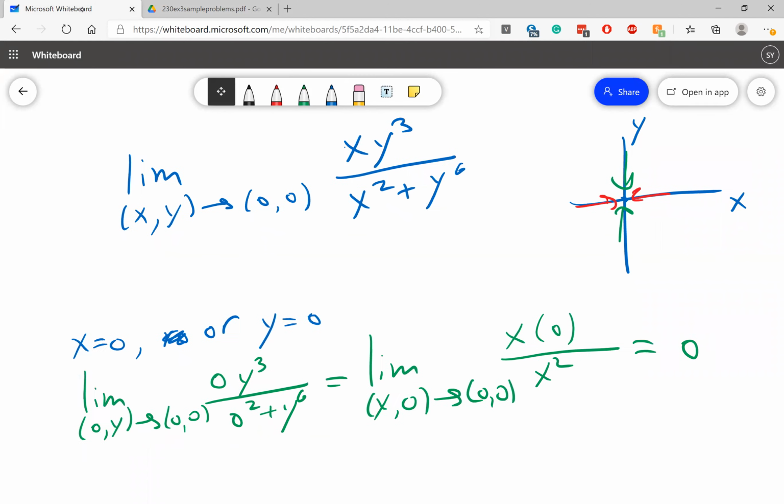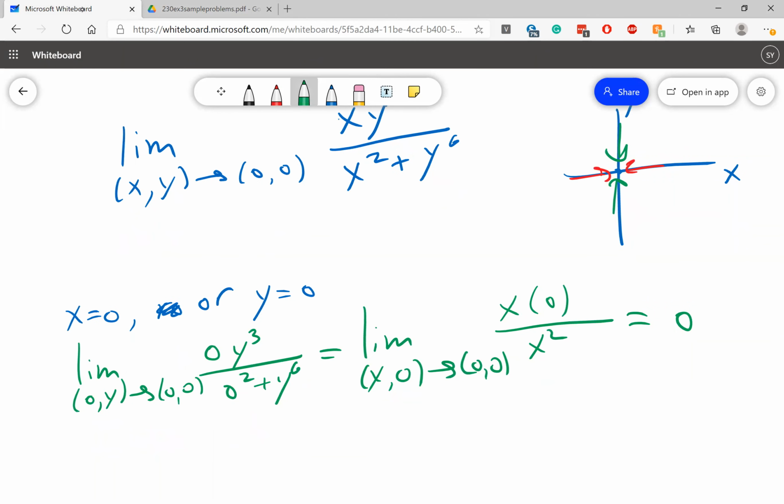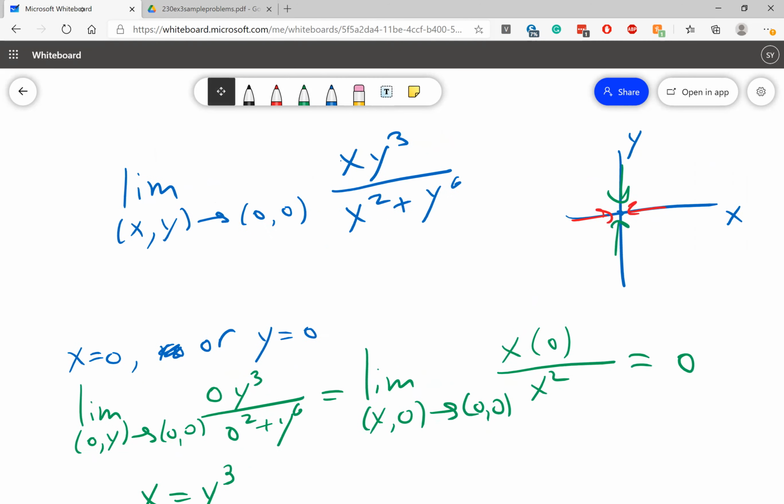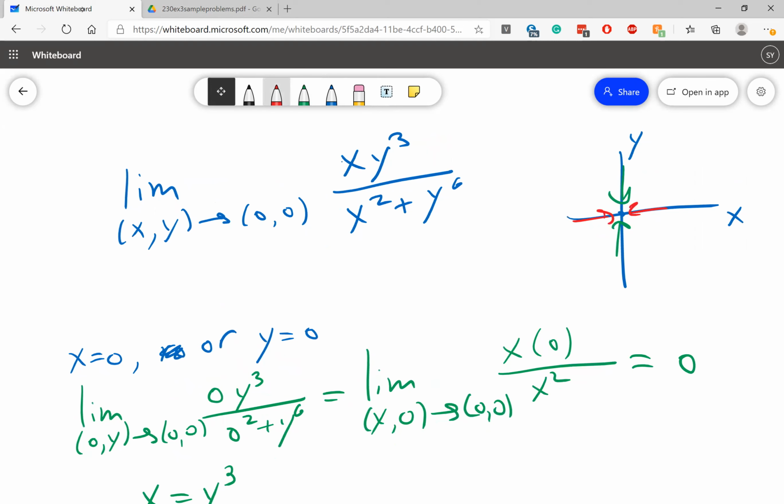But we can take x is equal to y cubed. That is another way in which we can be approaching 0, 0.